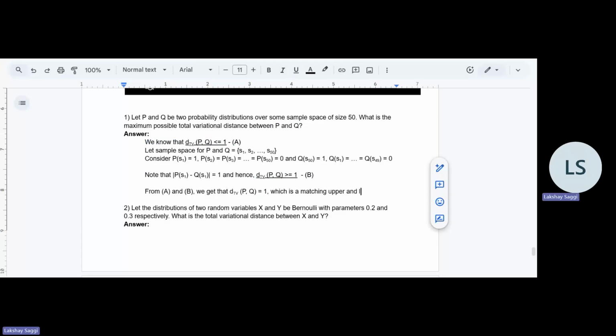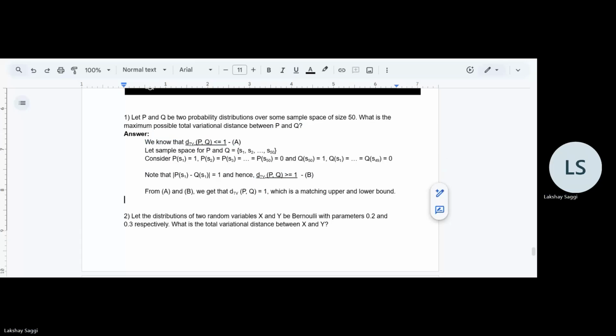Matching upper and lower bound. So just underlining the final answer.